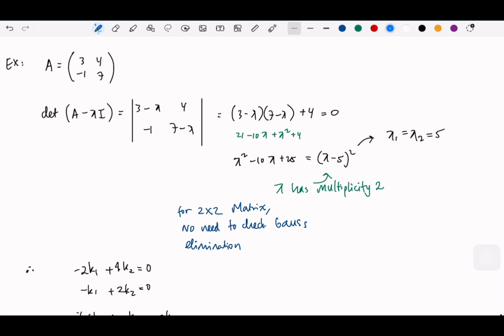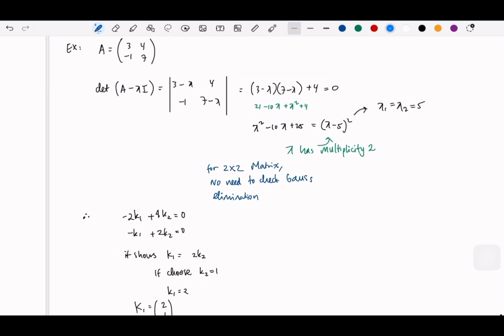For a 2 by 2 matrix, this is not a problem. We don't really need to check the Gauss elimination, the Gauss method, to check each solution for the eigenvectors. And since we don't need to check, then we can just see from the eigenvalue 5. When we take 5 here, we get this equation, which is very simple. You get the conclusion that k1 should be negative 2k2.